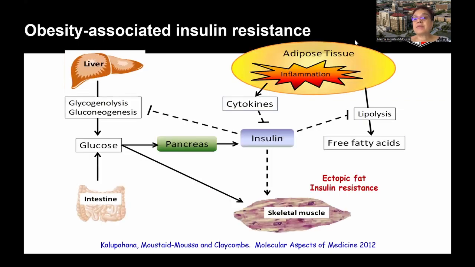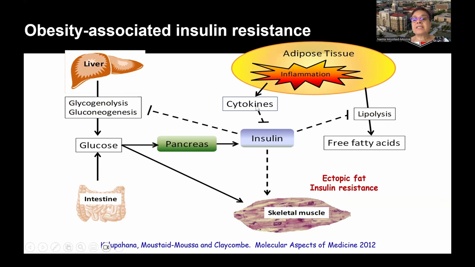Here are some examples of how inflammation in adipose tissue, when it expands, can connect to diabetes. So when adipose tissue expands, immune cells, specifically macrophages, infiltrate in the adipose tissue, M1 inflammatory macrophages, and this leads to production of cytokines by these immune cells, but also some cell types in adipose tissue, including adipocytes and stem cells.